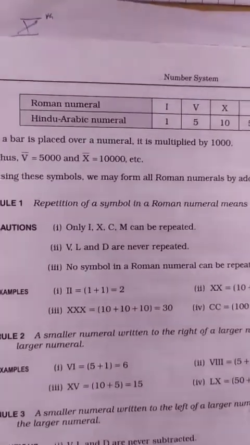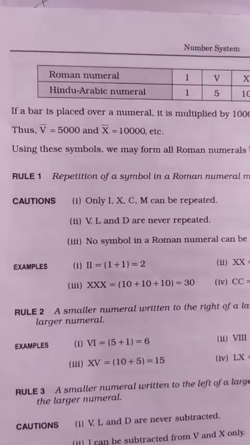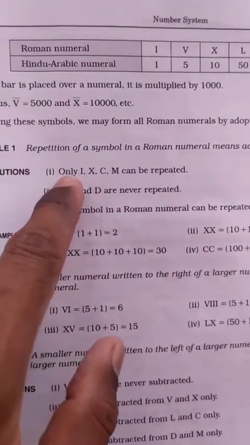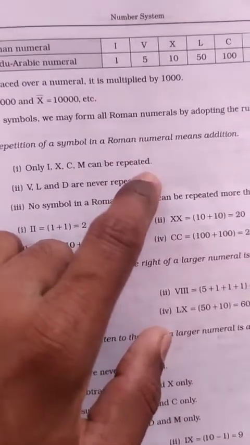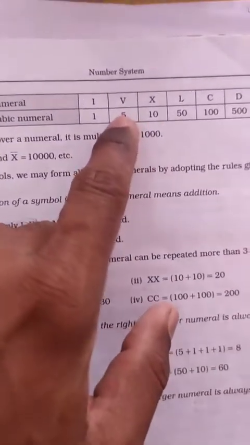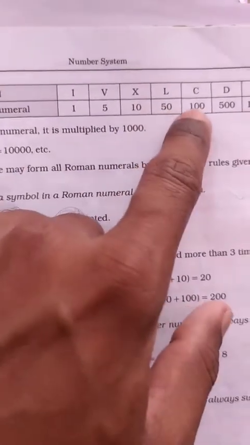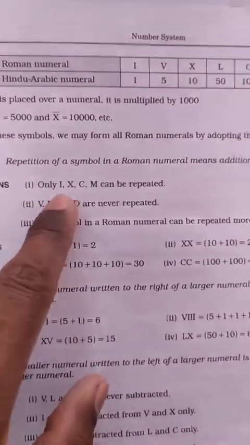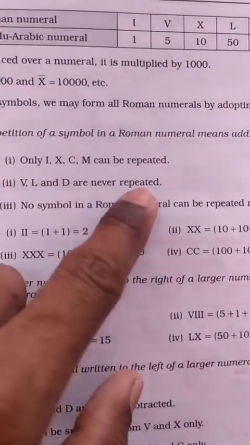But while writing the Roman numerals, you have to take some precautions. The first one: only I, X, C and M can be repeated. V, L and D are never repeated.